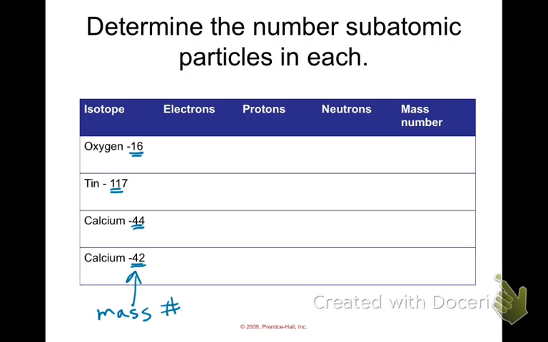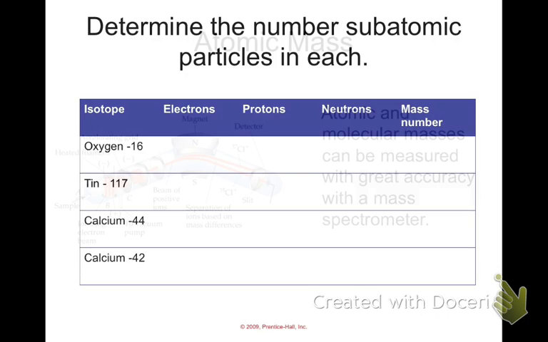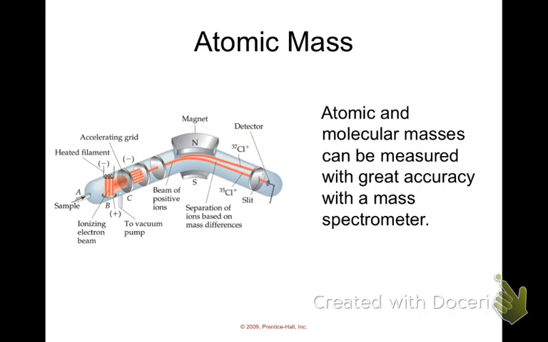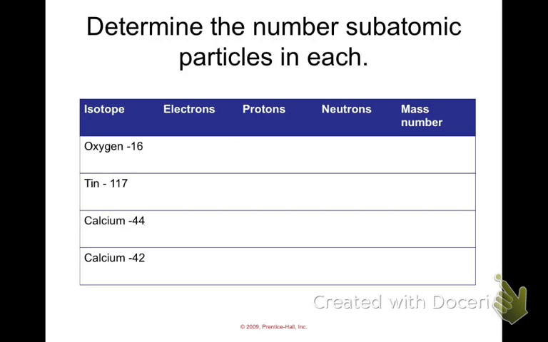All right, so for oxygen 16, from the periodic table, the number of protons in an oxygen atom is 8. Sorry about that. Okay, number 8, since it's neutral, it also has 8 electrons. Its mass number is 16. That has to be given.